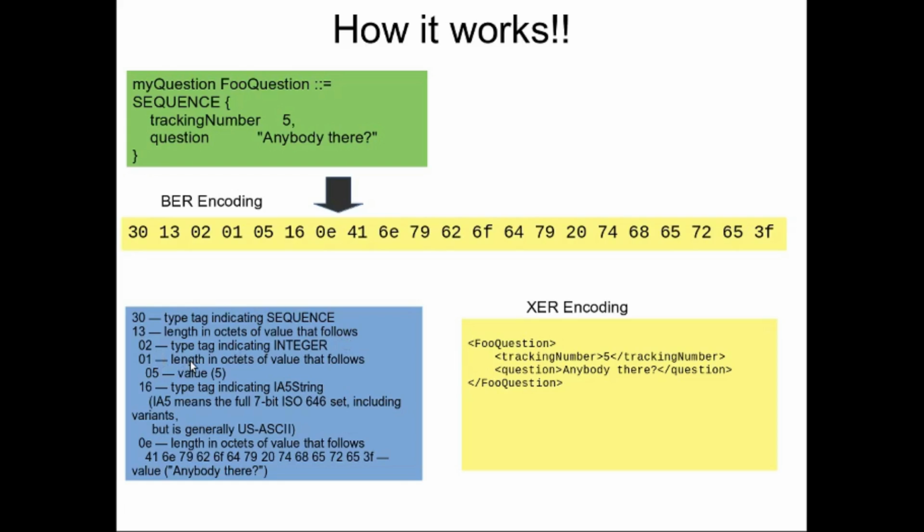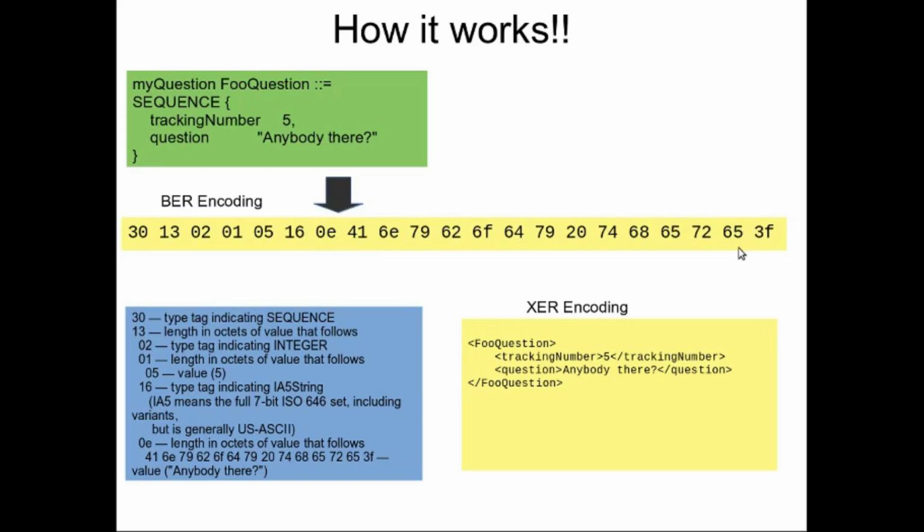Now if we read the first one, it says 02. 02 represents the tag for an integer value, so we know there is an integer value of length 1 and the value 5. That's it. Then we take another tag, 16, which represents a string, and its length is represented by 0e, and then from 41 onwards is the message.